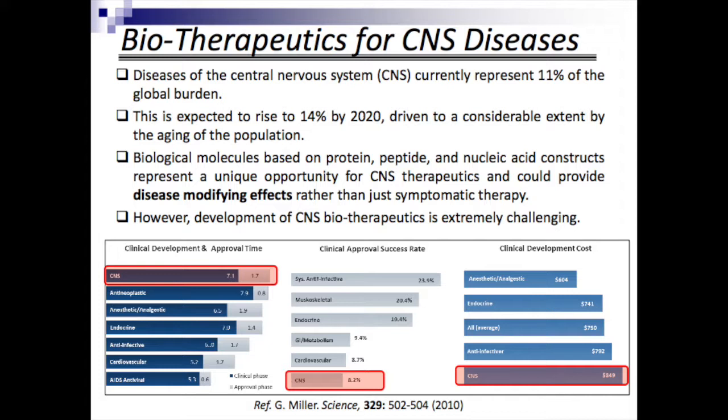The success rate for these types of molecules is also lower compared to some of the other disease areas, and the cost is incredibly high, which means that a lot of companies that have programs in CNS therapeutics are rethinking or have basically withdrawn from development of CNS therapeutics because of some of the challenges in getting the drug into the brain.